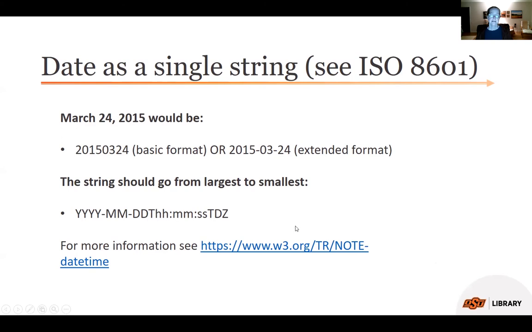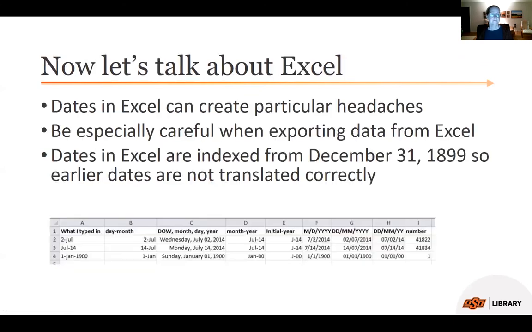This kind of expression of time and date might be used for something like collecting pilot plane data or something where that level of detail is important. If you're interested and want to learn more about this, there's a URL there for looking into the ISO standard in more detail.